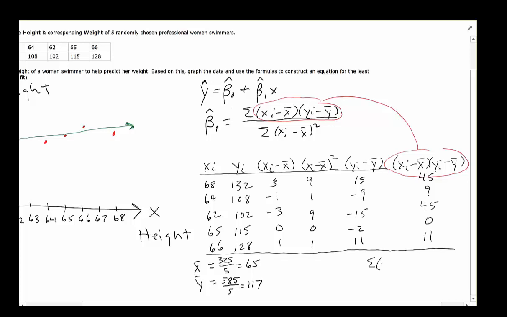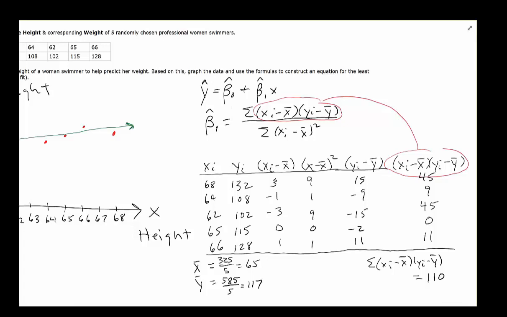So the sum of the x sub i minus x bar times y sub i minus y bar is equal to 45 and 45 is 90. 90 and 9 is 99. 100, 110. So my value for the numerator for my slope is 110.